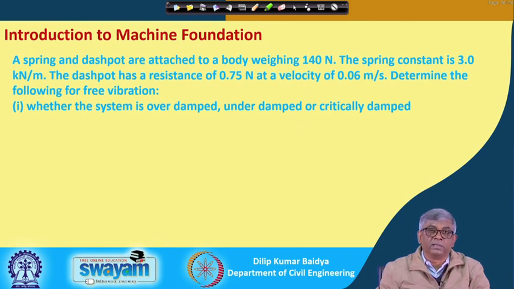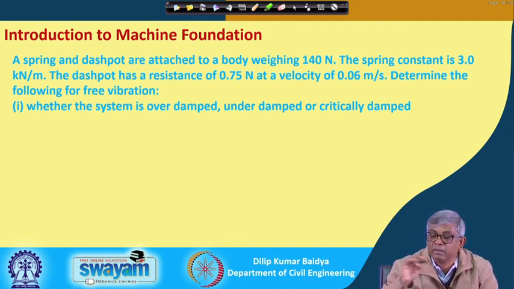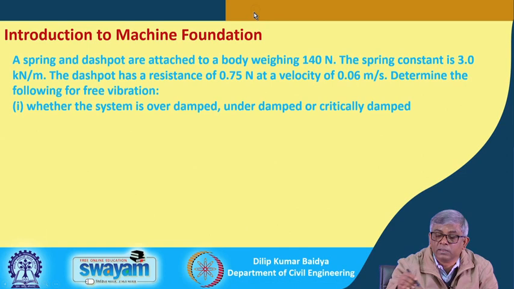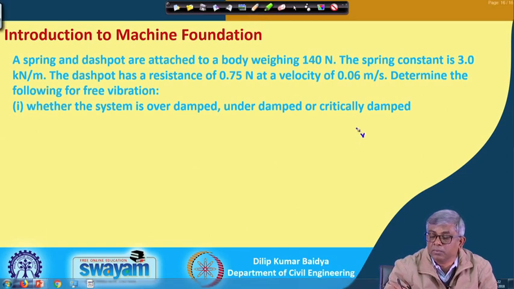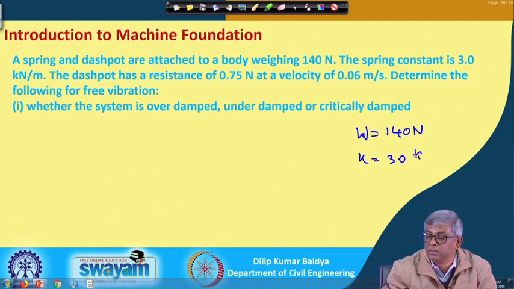free vibration. Okay. So, for free vibration you can see two things are given here. Your W, the weight, is given as 140 Newton, and your spring constant K is given as 3 kilonewton per meter.